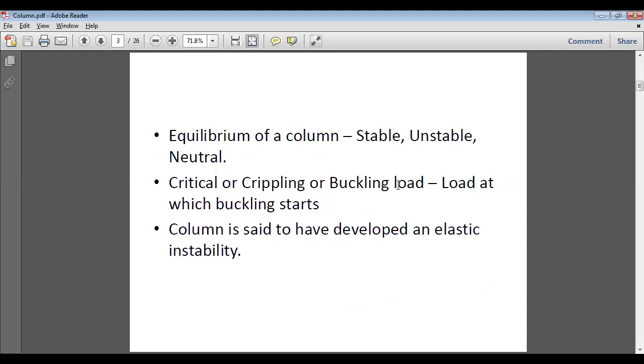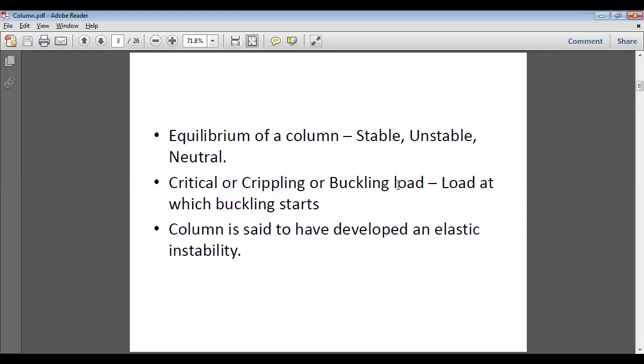So a stable column has all the components of forces, vertical forces, nullify or neutralize each other. So we can say sigma Fy must be equal to 0 in terms of vertical components along the y-axis. If sigma Fy is equal to 0, the column is known to be stable.